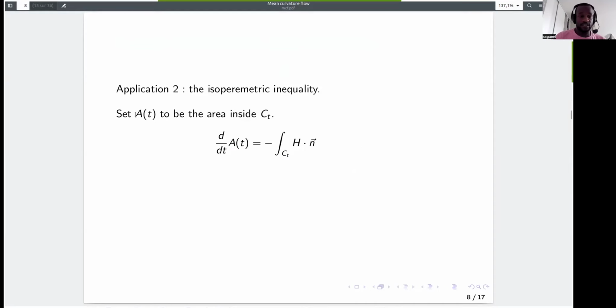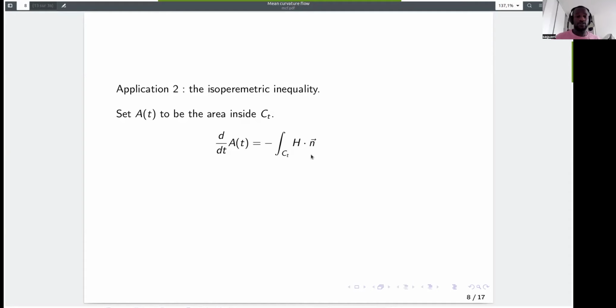We define A(t) to be the area inside C(t), the curve moving at time t. We take the derivative of the area. The derivative of the area is equal to the integral over C(t) of H dot product with N, where N is the inward normal.